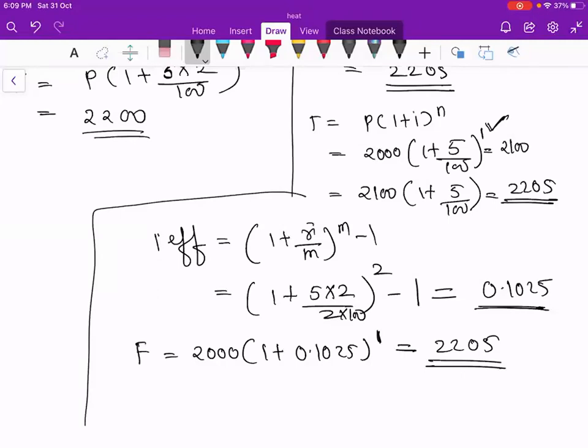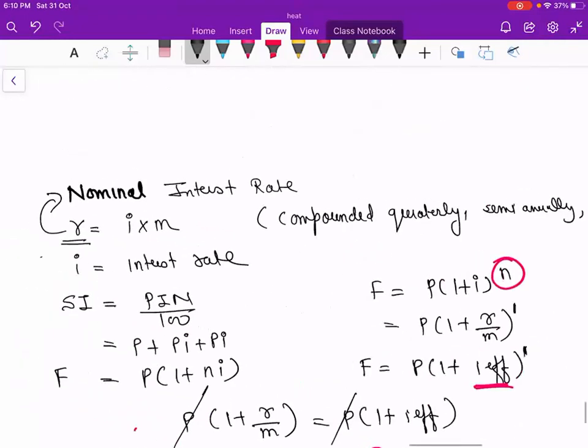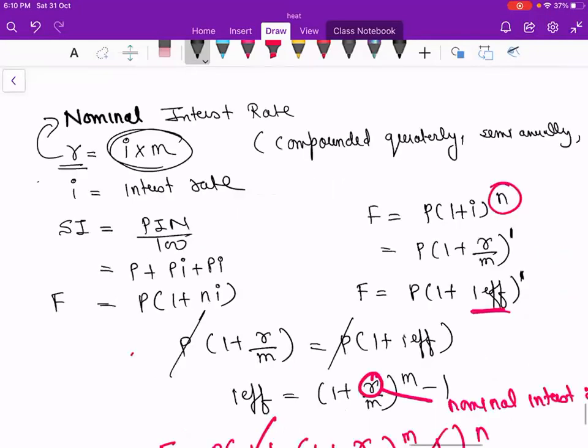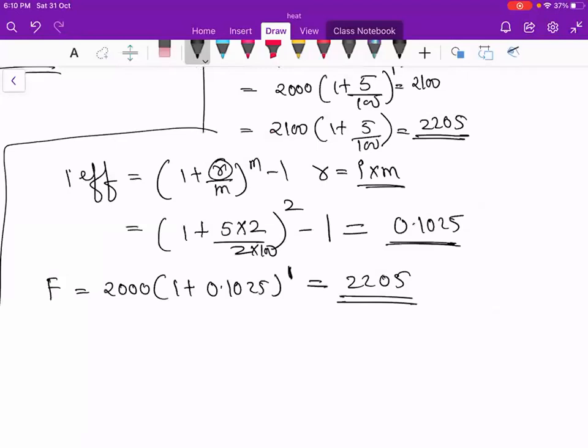What is R here? What is the formula for R? I into M. See, we have written. R equals I into M. I is given 5 into 2 upon M, so M will cancel out.